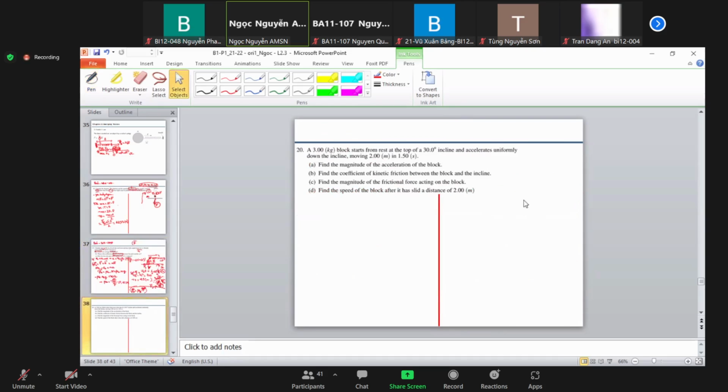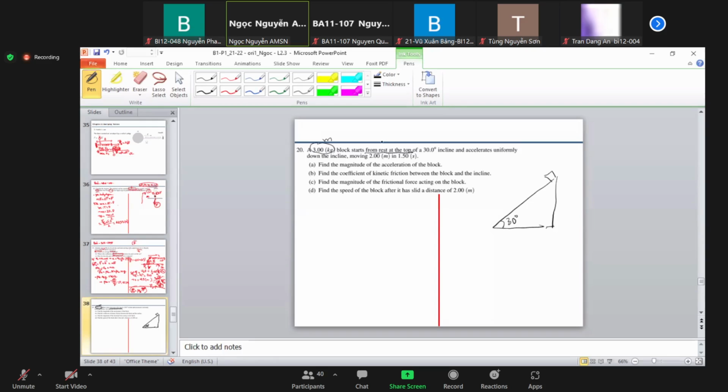So here let me draw it. I have an incline, and it is 30 degrees. Here is the mass of the body. It starts from rest at the top, so here is the object.